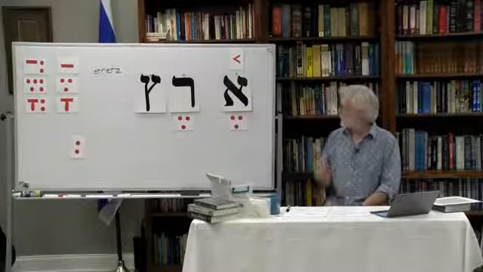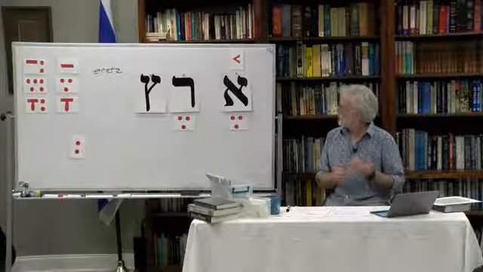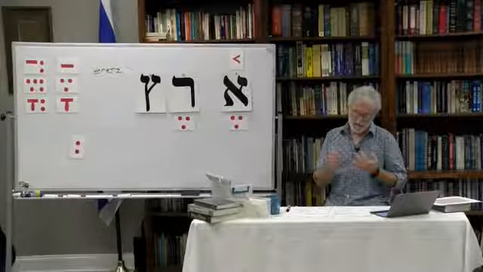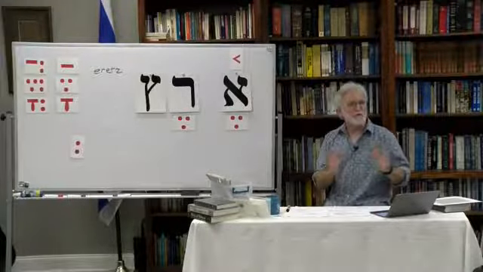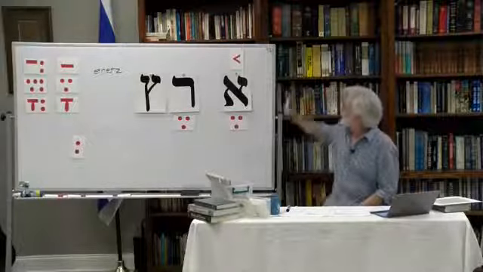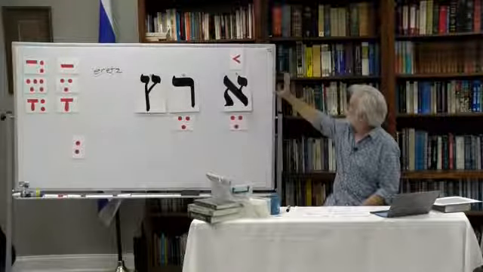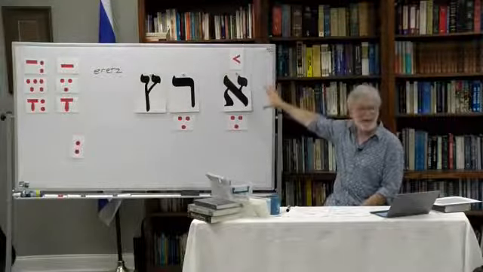The 21 poetic are primarily in the Psalms, in the book of Job, and in the book of Proverbs. We're not introducing you to all of those at this point. We're just showing you the basic ideas.